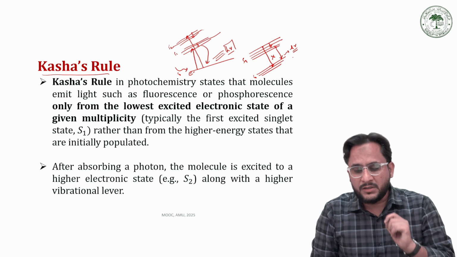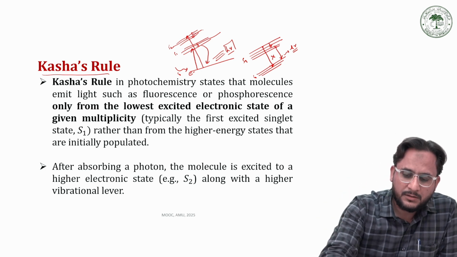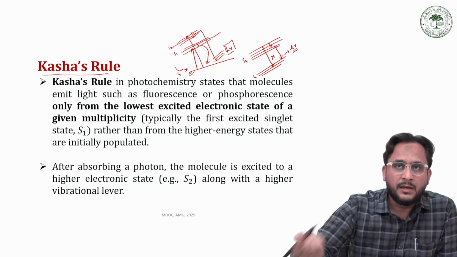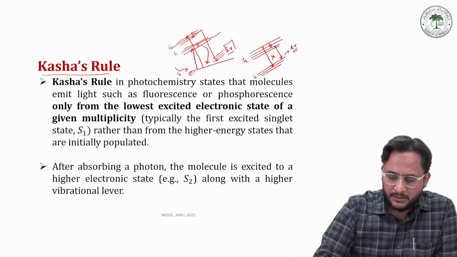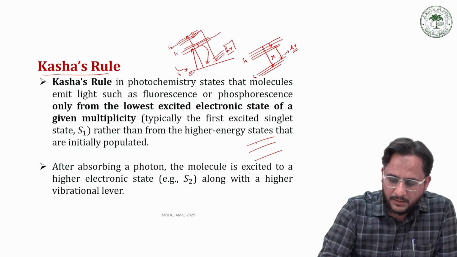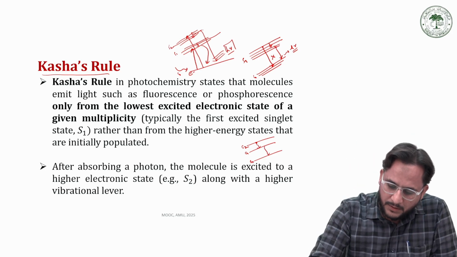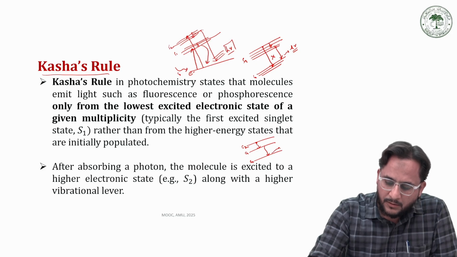This rule also states that even from the second excited state, the electron does not come back directly by emitting energy. If the electron is in the second excited state by absorbing a large amount of energy, it first comes to the first excited state by internal conversion, and only then does it come back to the ground state, causing h nu emission.